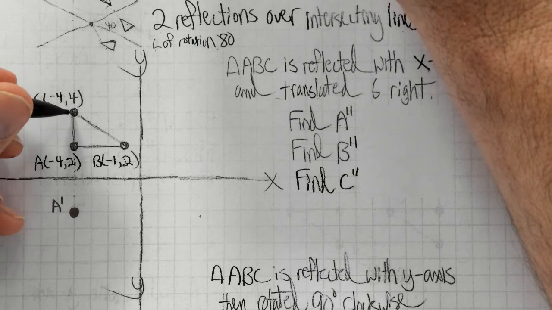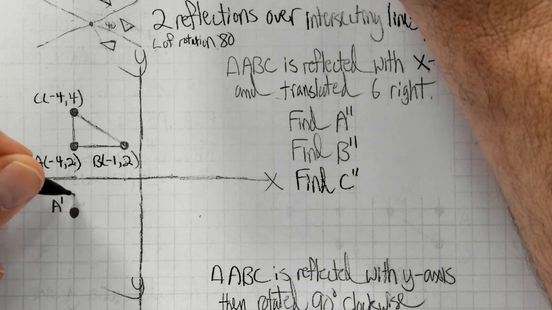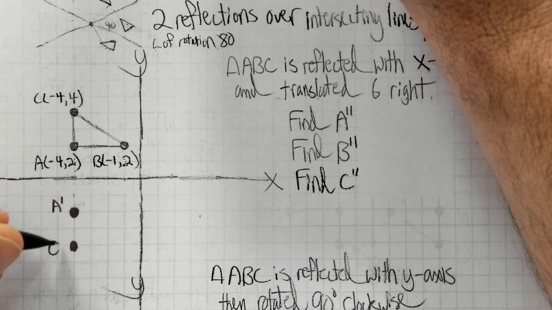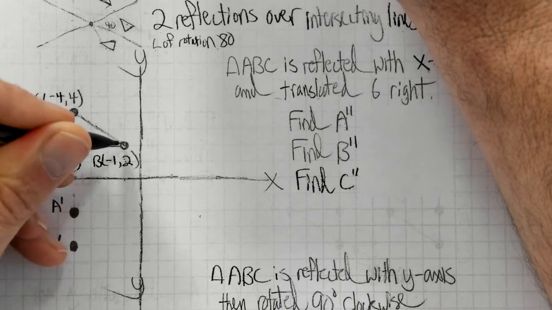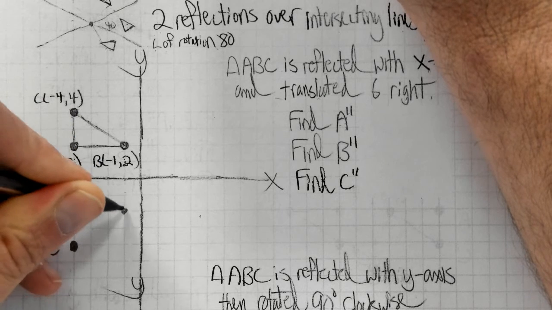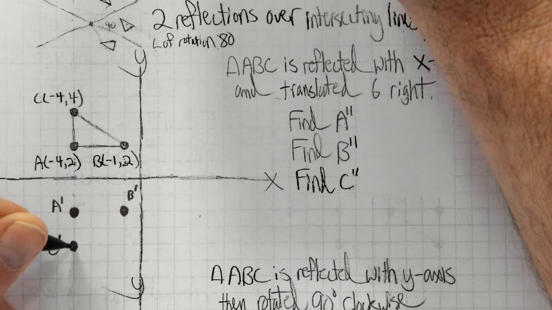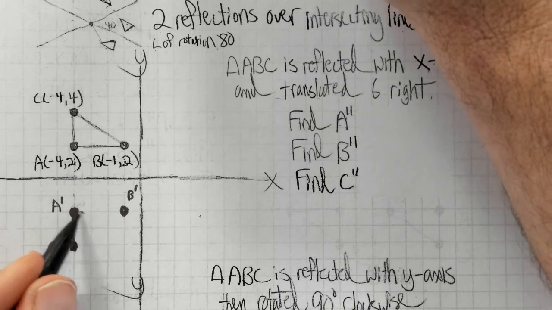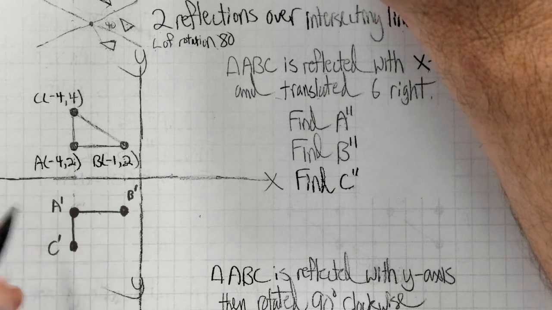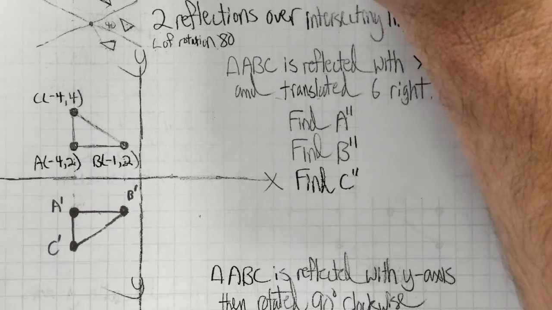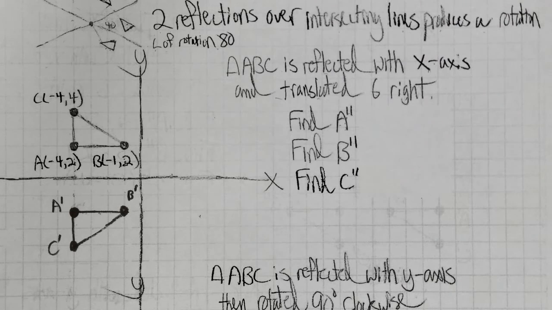Okay, so here's C. It's 1, 2, 3, and 4. C prime. And B. 1, 2. B prime. Okay, so here's what the triangle looks like after the first movement, after the reflection. So there's the triangle after the first movement.